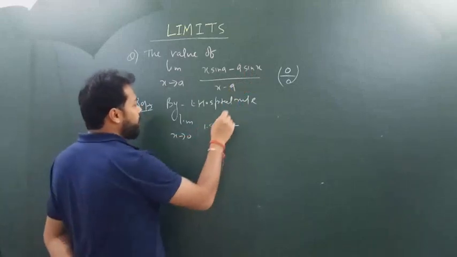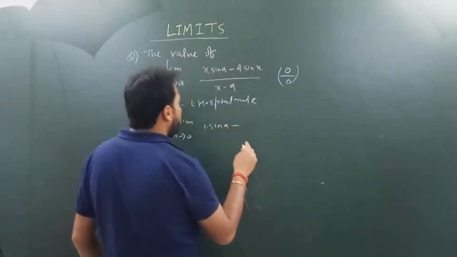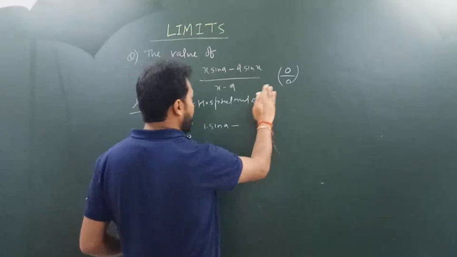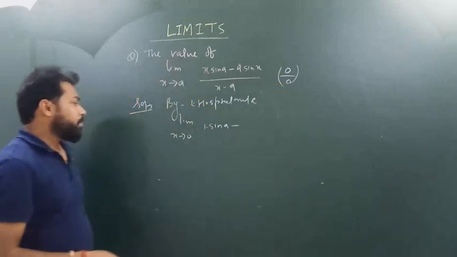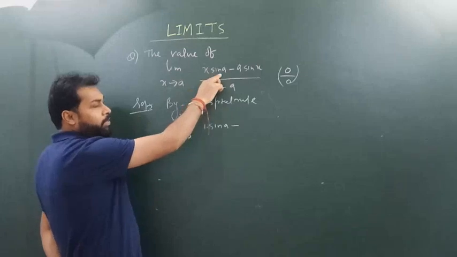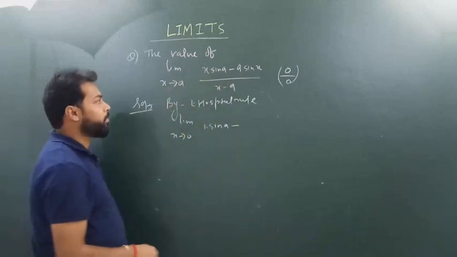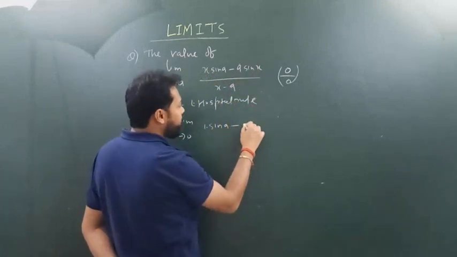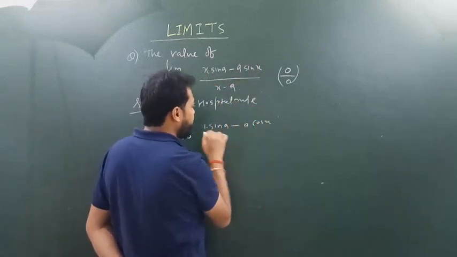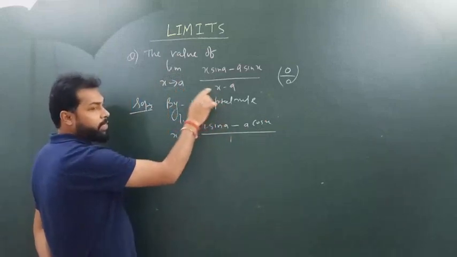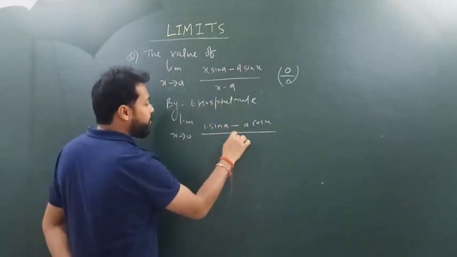Differentiation of x is 1, sin a is constant, and differentiation of sin x is cos x, so minus a cos x. And differentiation of the denominator, x minus a, is 1 minus 0.